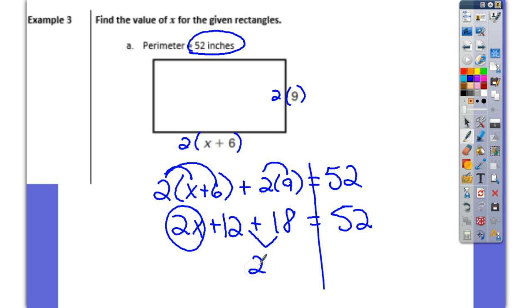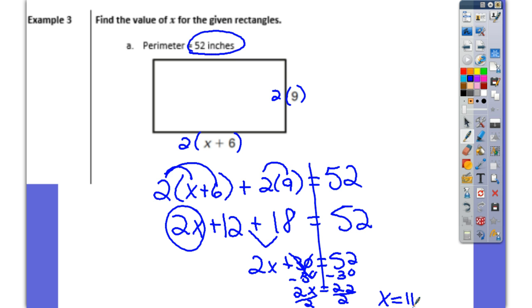So now I bring down my 2x, plus 30 equals 52. Red Rover, send over that 30, minus 30 to both sides. 2x equals 22. You divide by 2. And I ran out of room. Over here, x equals 11.